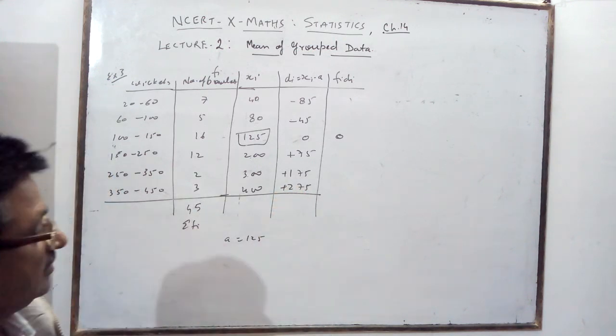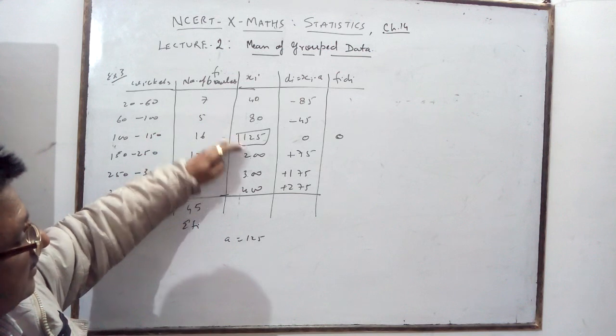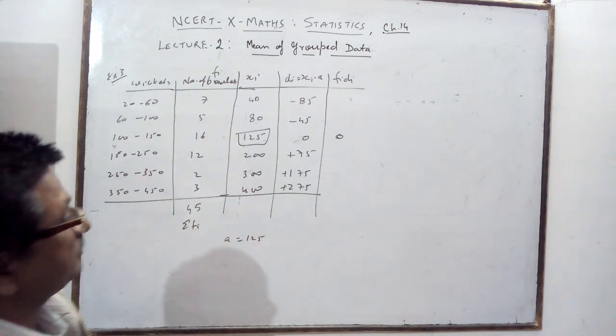Like this you are subtracting: 400 minus 75, and 3 minus 1, 2.